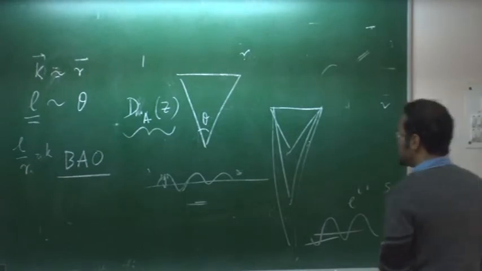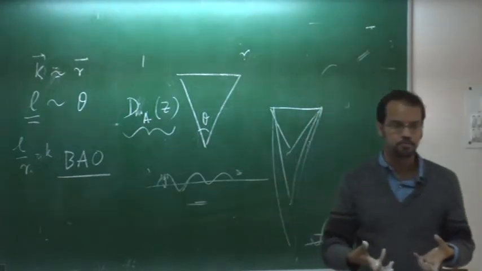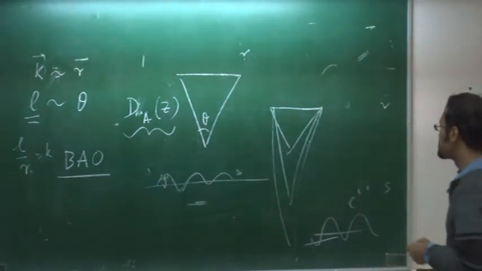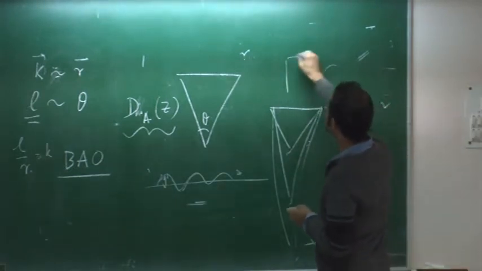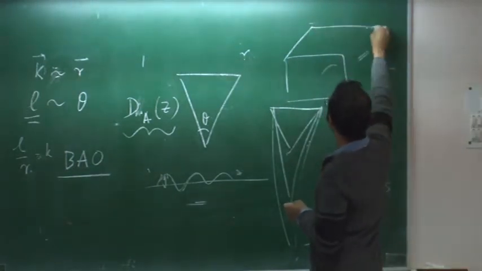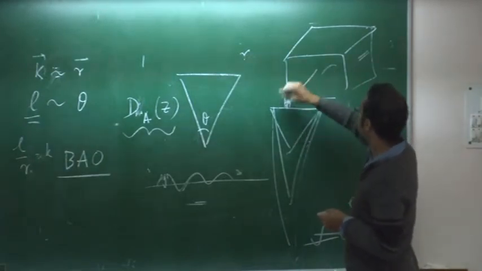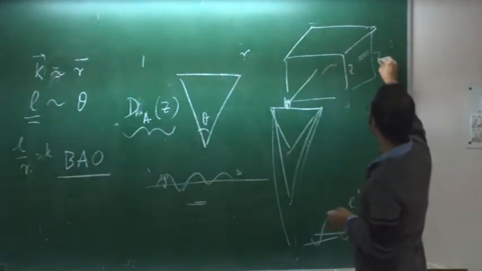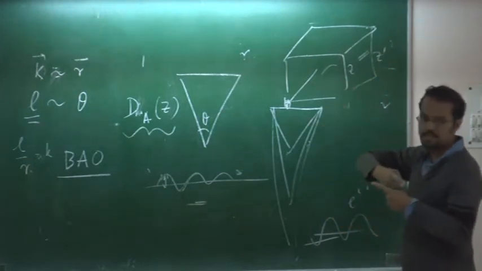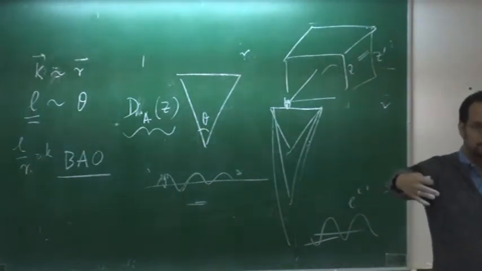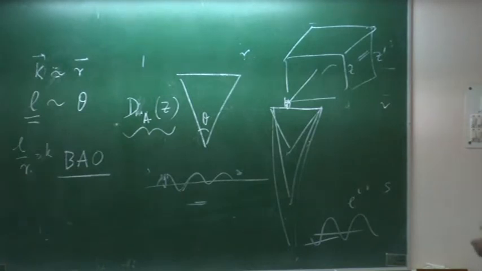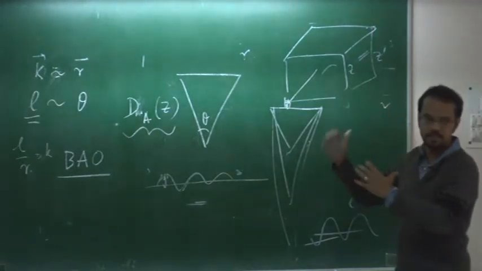More importantly, since you have a volume to probe, since you are now interested not only in a surface of the sky but you have a cube. Here is your observer, and this is some Z, this is some Z prime, and you have this entire range of redshifts to probe. You essentially have a full volume instead of a surface.